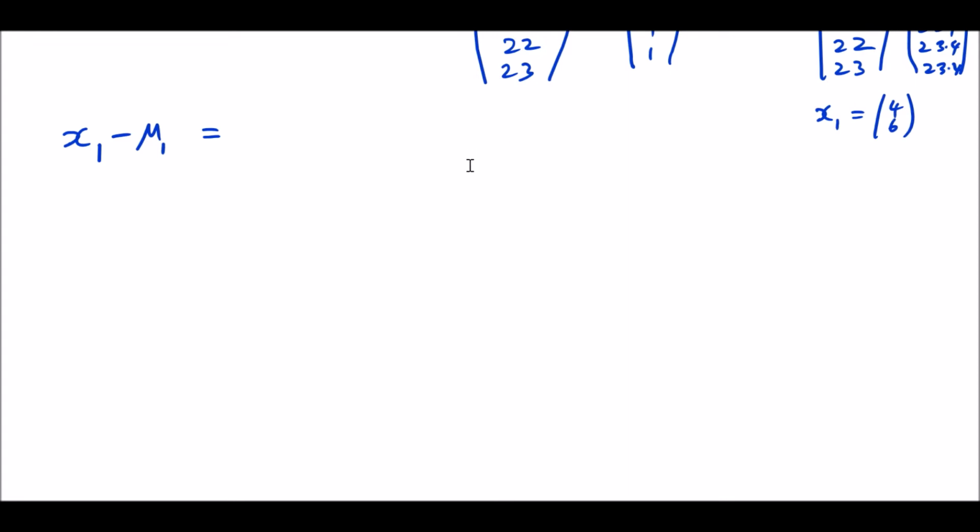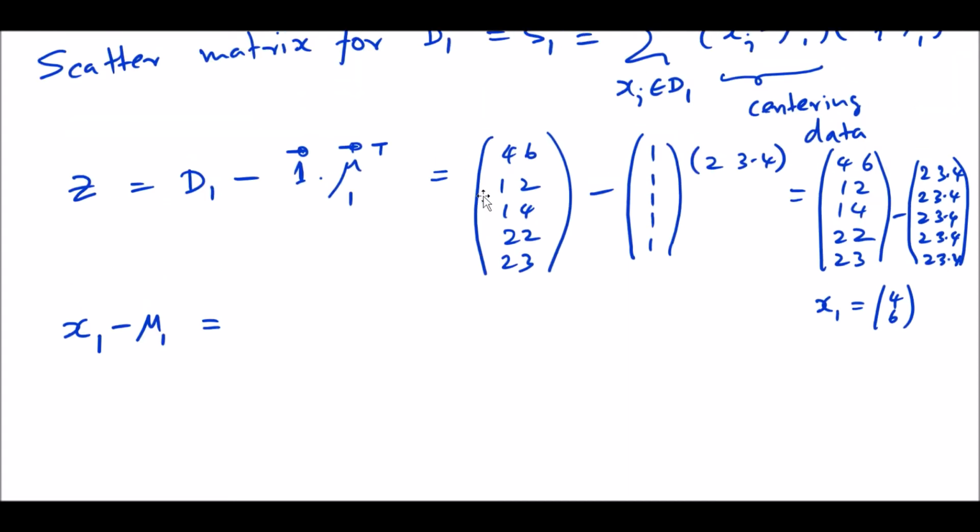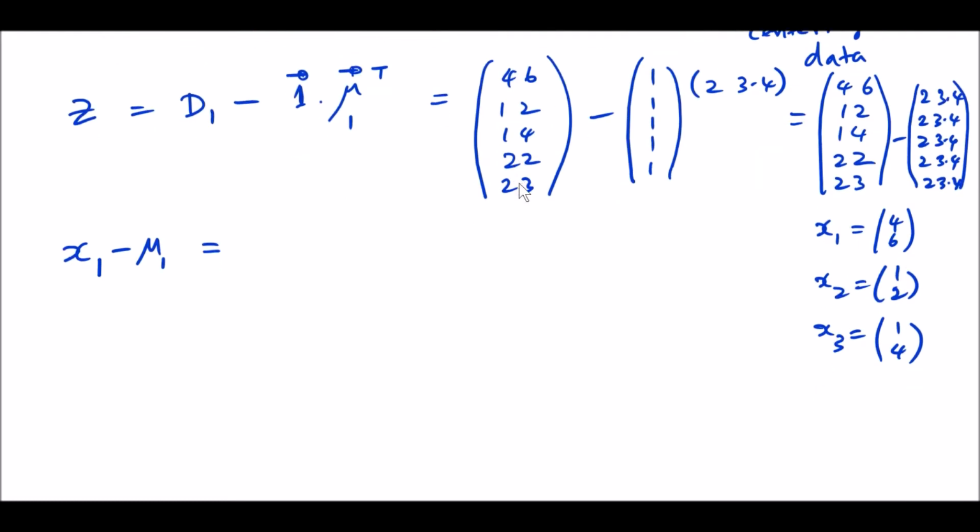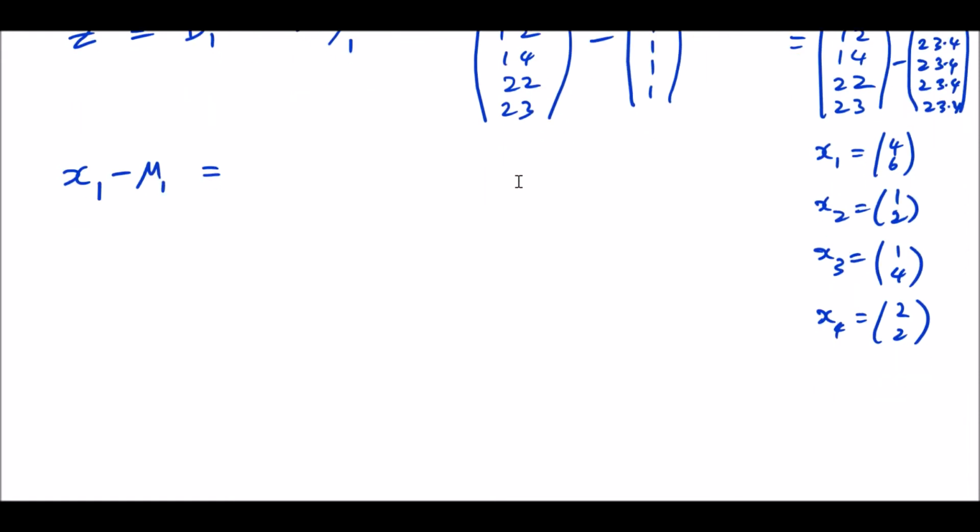If you look back here, x2 is 1 2, x3 is 1 4, x4 is 2 2, and x5 is 2 3. Each of the rows we look at as vectors.